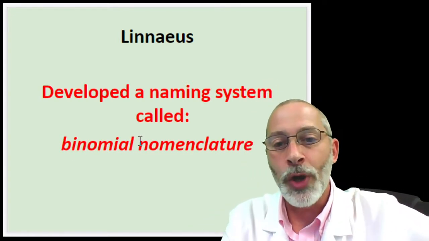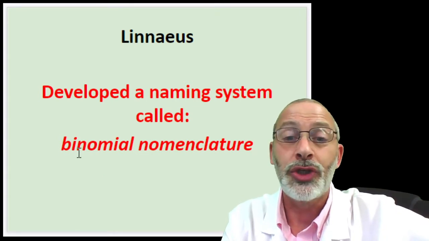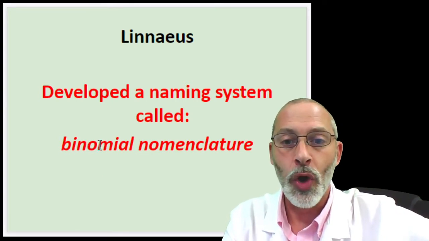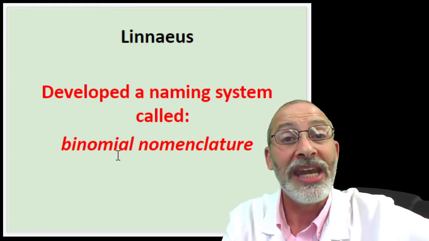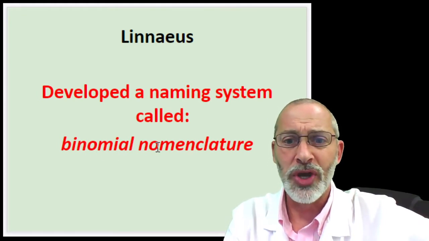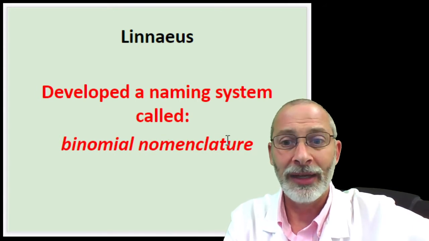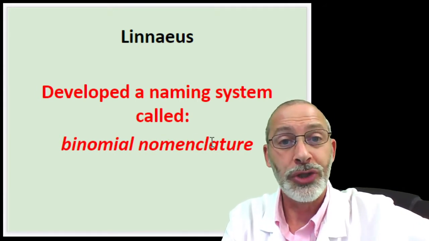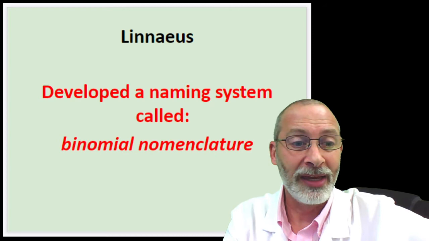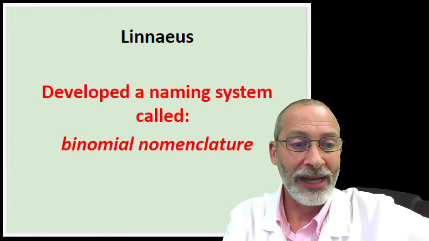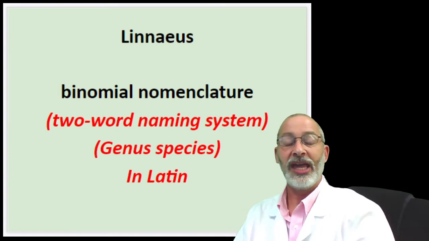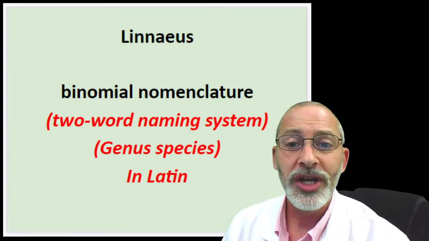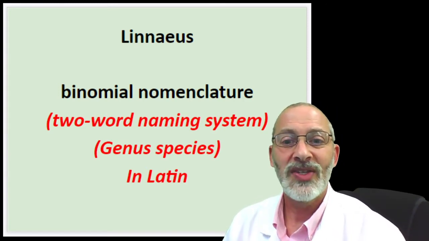All right, binomial literally means a two name. Nomial comes from the same Greek root word that we get the word name from, which is also similar to nomenclature. Nomenclature is a word that means naming system. So binomial nomenclature literally is a two-word naming system.